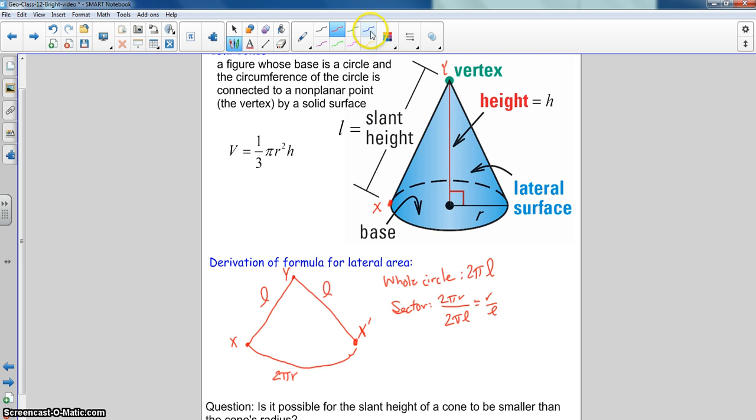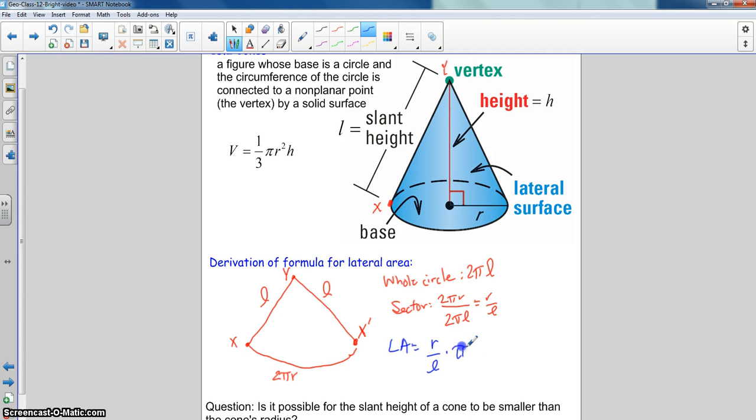As before, when we were determining the area of a sector, for the lateral area I would need to take the proportion of this sector. So I would take r divided by L and multiply that times the whole circle. The whole circle, oh sorry, that's not the area, that's the circumference.